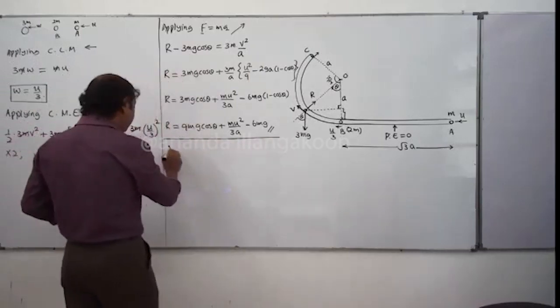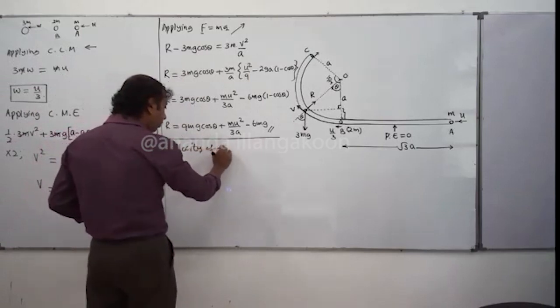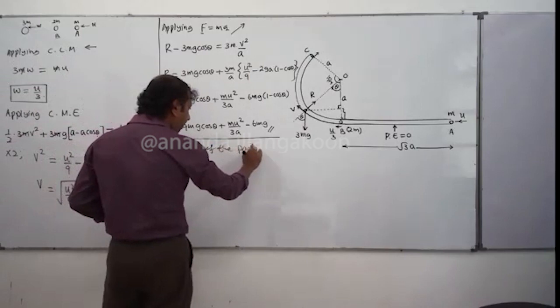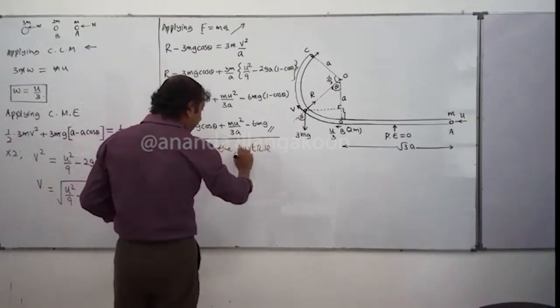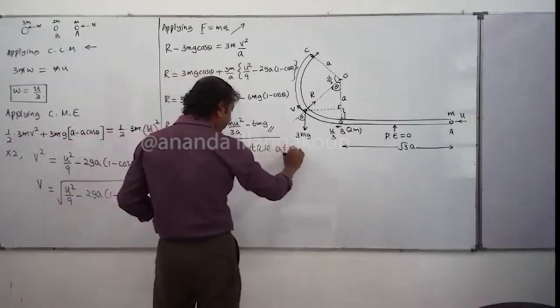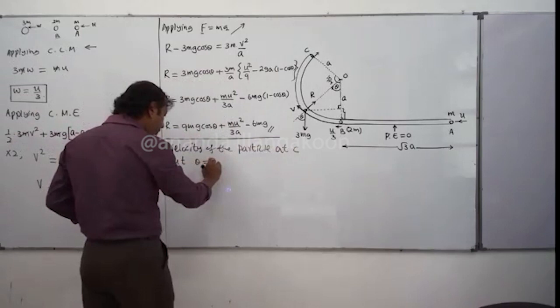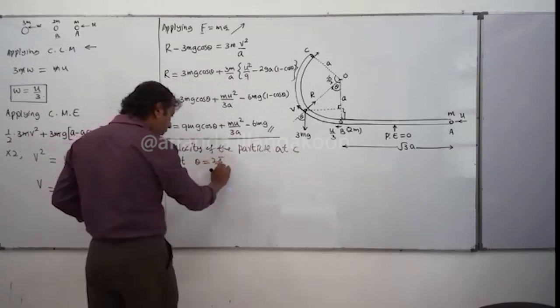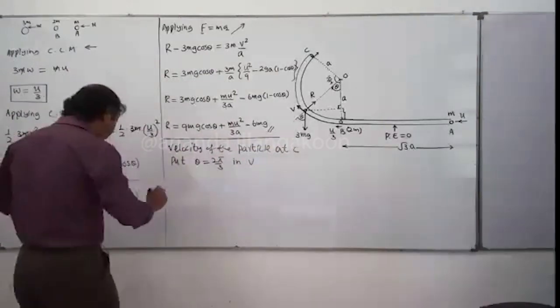Velocity of the particle at C: put theta equal to 2 pi by 3 in v. So what do we get?